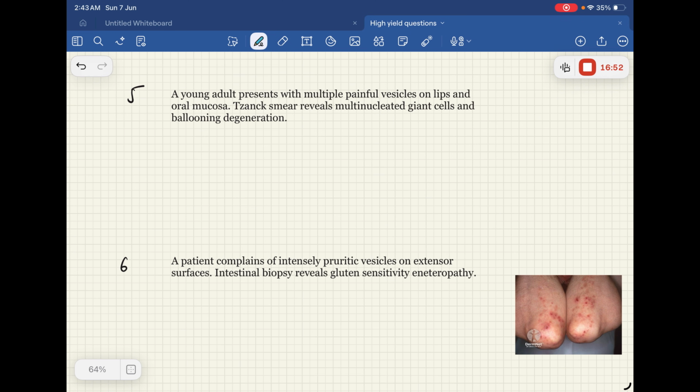A young adult presents with multiple painful vesicles on lips and oral mucosa. Tzanck smear reveals multinucleated giant cells and ballooning degeneration. These both are features of herpes simplex virus, just like we discussed above.